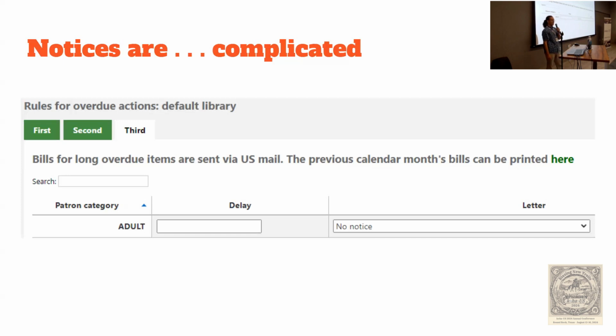I had to explain to libraries, okay, this is what we usually do. You want to send something to people who have lost a book. A book gets so overdue, they get charged for it. You want to send them a letter that says, you now owe me $30 for that book. Well, you can't. You instead have to send them an email the day before that says, tomorrow, you're going to get billed for a book.